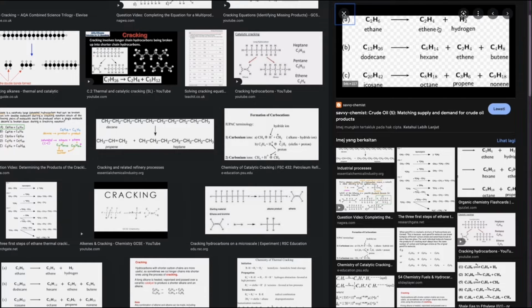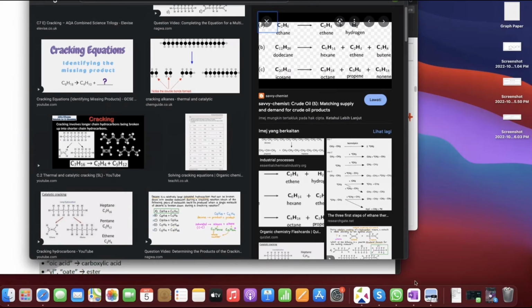So you can see no alkane for this. Alkene is there, alkene is there, alkene is there, alkane is there. Hydrogen is not there. Icosane changes to octane, propene, nonene. So you see they always form alkene. Alkane is optional. Okay, so let's come back to the notes.